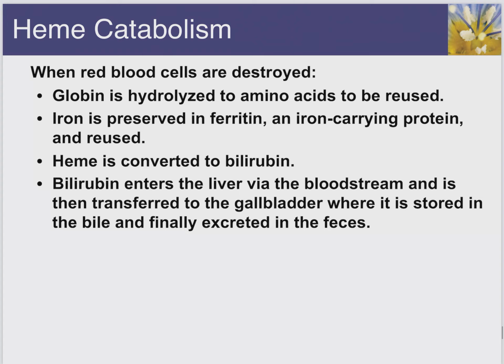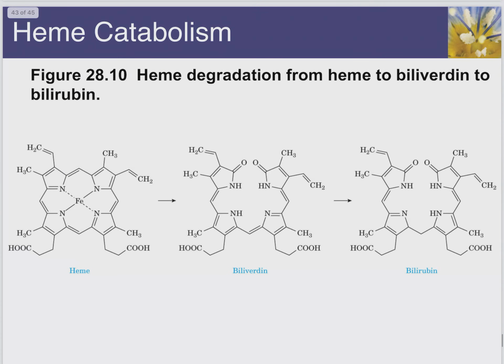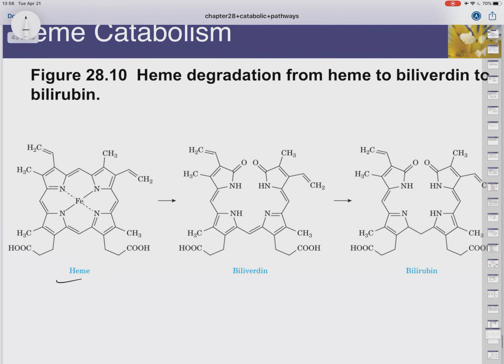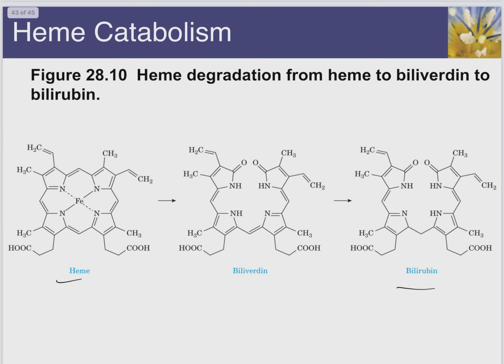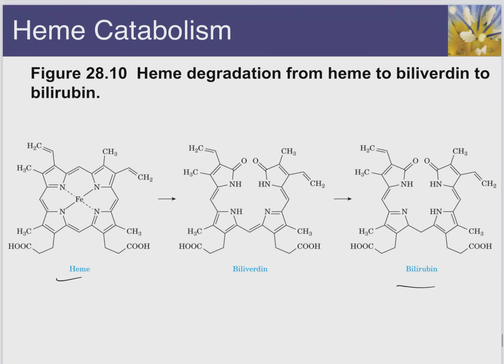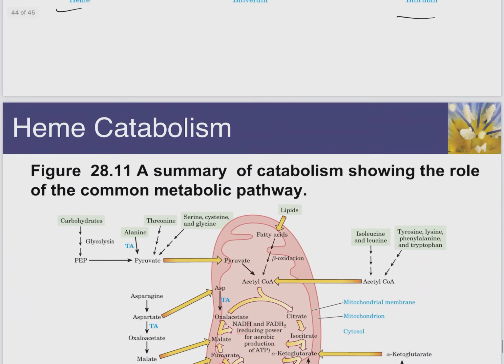The iron is saved in something called ferritin, stored and reused, and the heme is turned into bilirubin. And that enters the bloodstream, stored in the gallbladder, stored in the bile, excreted in the feces. So heme looks like this, and bilirubin looks like this. And that is the breakdown of the red blood cells.